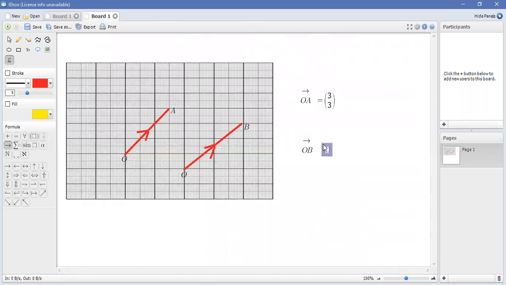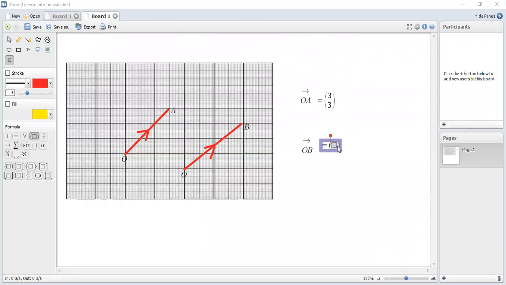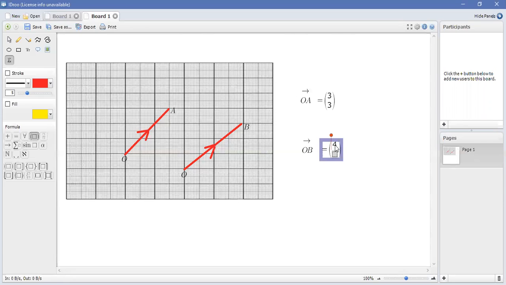And that is equal to 4 over 3, in brackets. All right, the bracket is there.